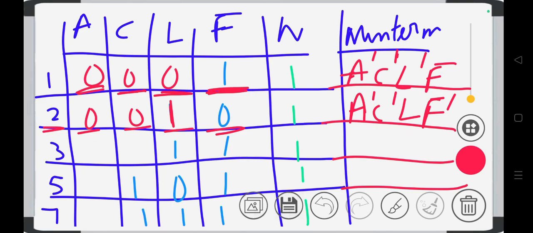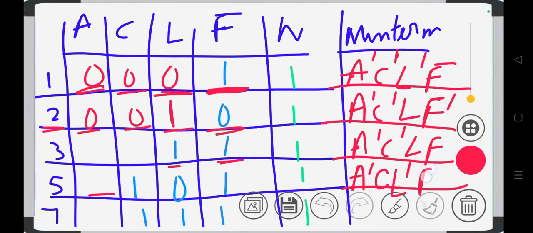Next, see, for these two terms, a has to be a's complement, c has to be c's complement, L will be normal L, and f will be normal f. Go to the next one: a's complement. The value of c is 1, so it's normal c. The value of L is 0, so it has to be L complement. F is 1, so f has to be normal f.